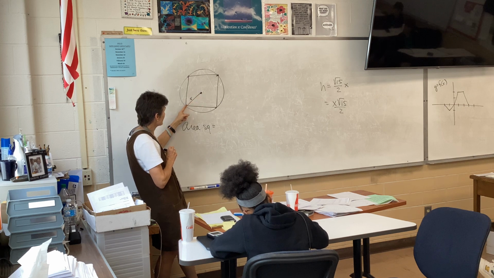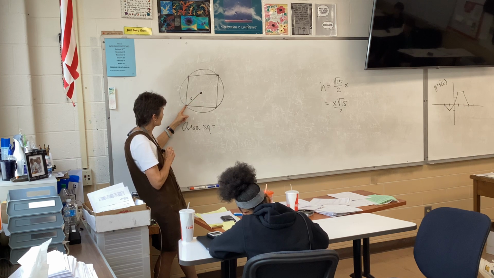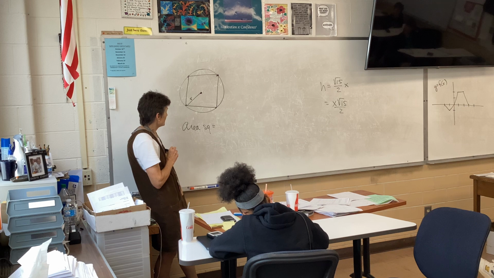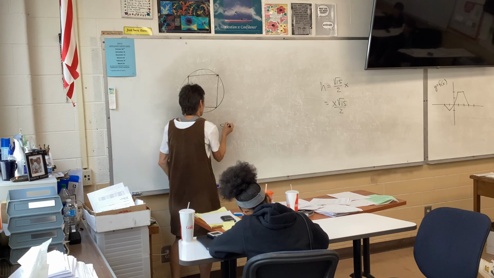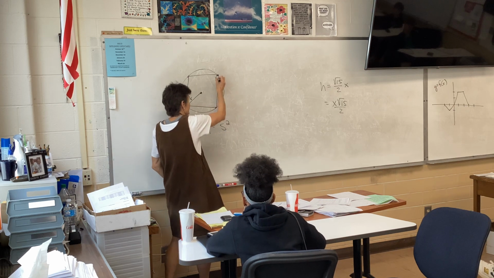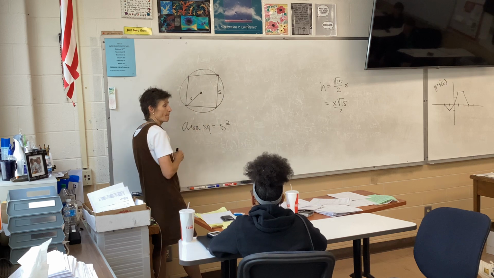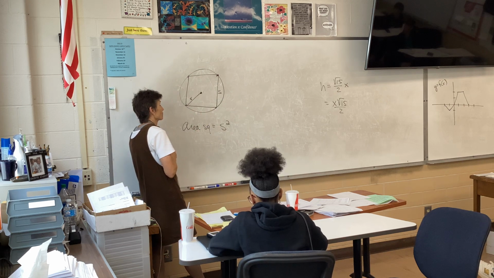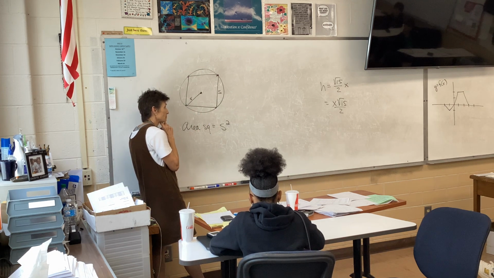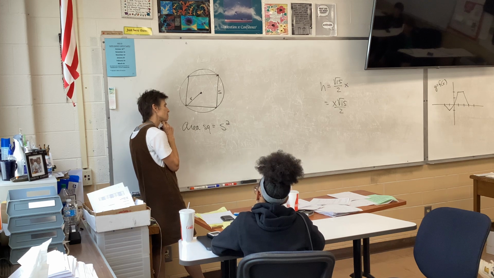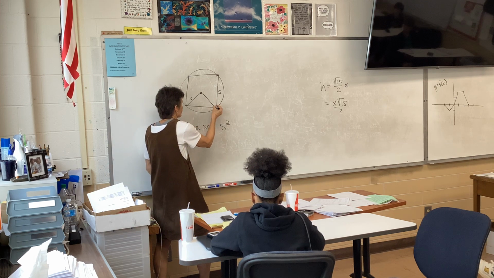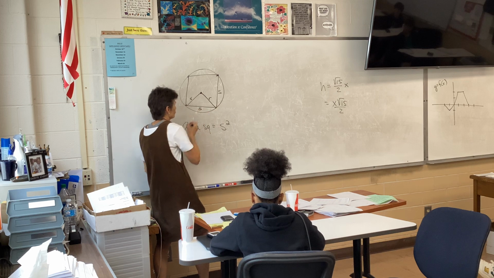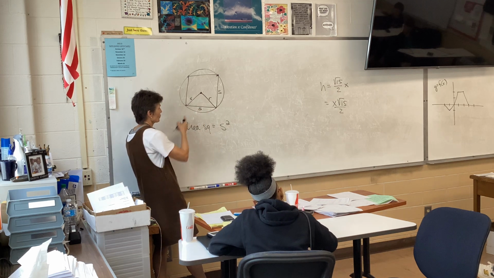So I need to keep it in the square here. If you want the area of the square, don't you really just need to know what these sides are? Could I do that?